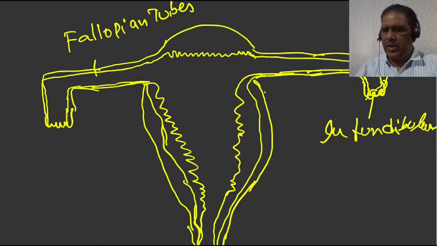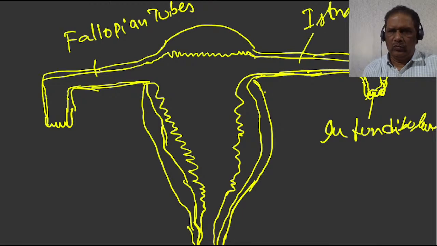And here it is ampulla, isthmus. Fallopian tubes lead into the uterus. This is the uterus.